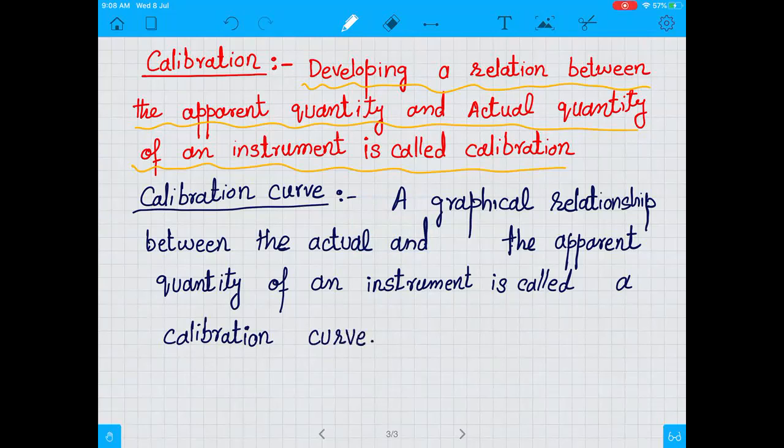So a graphical relationship between the actual quantity and the apparent quantity of an instrument is called calibration curve.